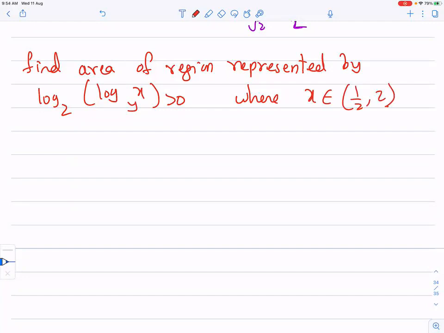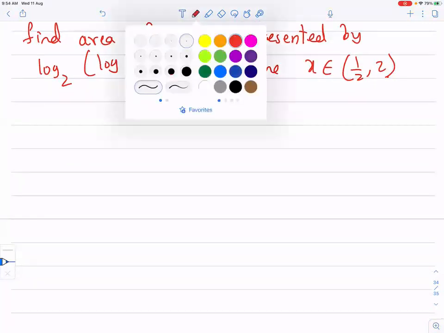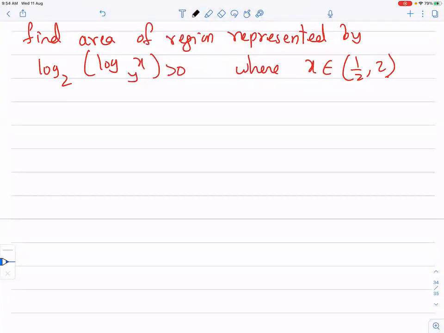Okay, how to do it? Find area of region represented by log to the base 2 log x base y greater than 0, where x belongs to half to 2. The answer.